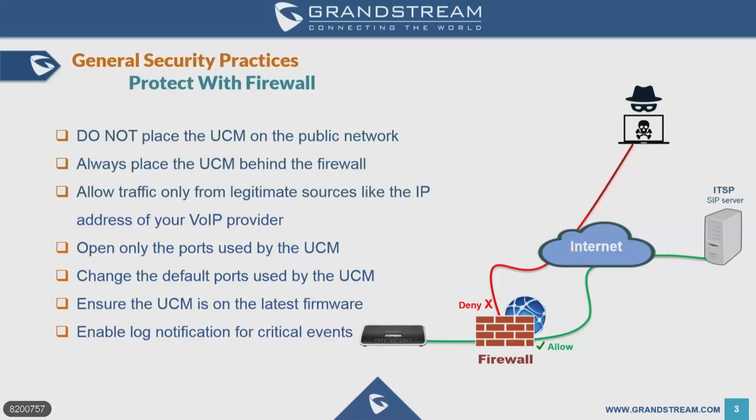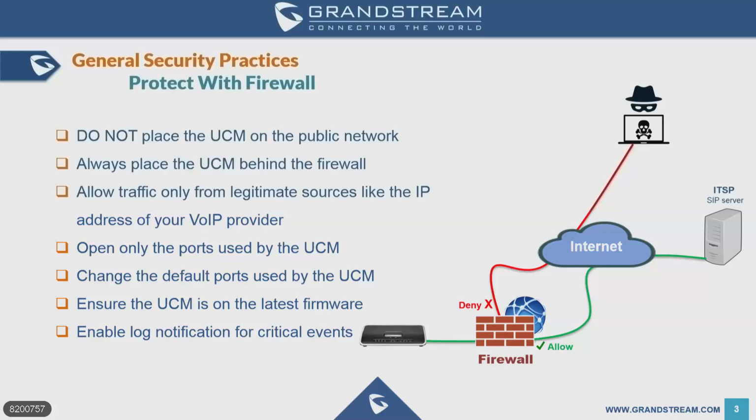The most important security rule is to always place the UCM behind the firewall or a router with advanced firewall features. You can configure the firewall or the router to allow traffic only from legitimate sources like your SIP provider or remote users, and deny traffic to anyone else who is not authorized to connect or talk to the UCM.